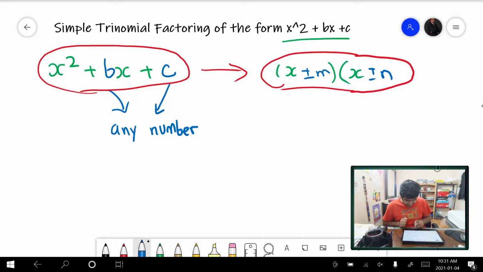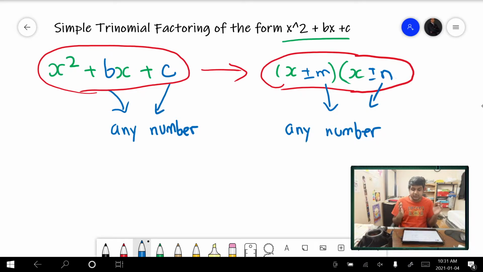And again, m and n are going to be any number. So today's lesson is going to focus on how we take our values of b and c and make them into these values we expect of m and n.